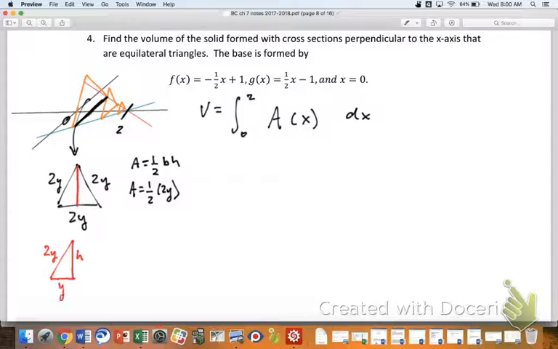Because it's going to be half of the 2y, because we dropped an altitude down on an equilateral triangle. And then I could use the Pythagorean theorem to find the height. So it would be y squared plus h squared equals 4y squared. H squared then equals 3y squared. So h equals root 3 times y. Sorry, I ended on kind of a bad spot there.